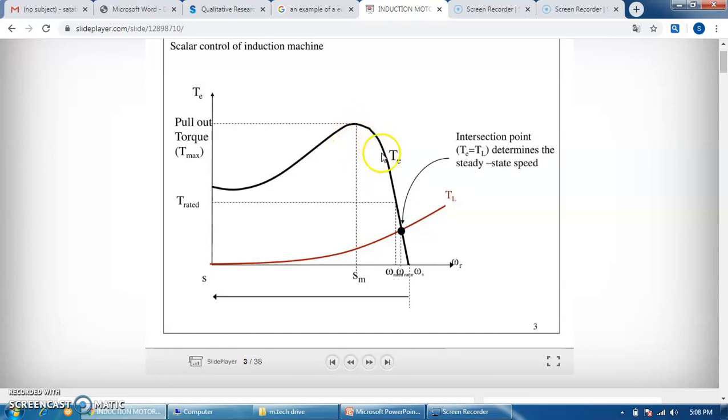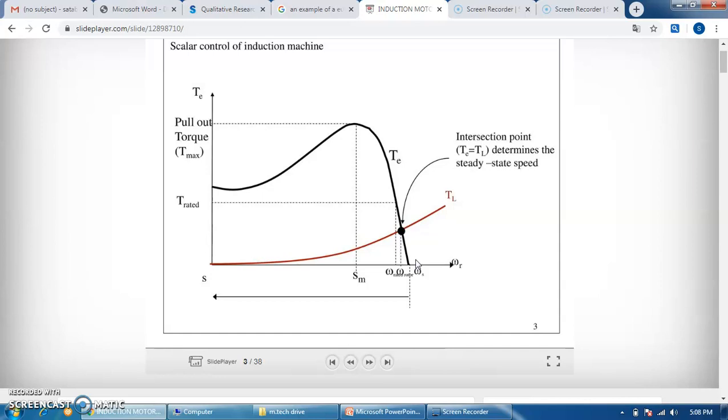This region is called the braking torque region, or withdrawing torque region. If we increase the load, after a certain time, what will happen to the motor? In an induction motor, we know that it never runs at the synchronous speed, because the rotor is always trying to catch up with the speed of the stator.